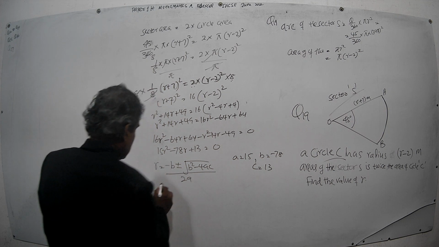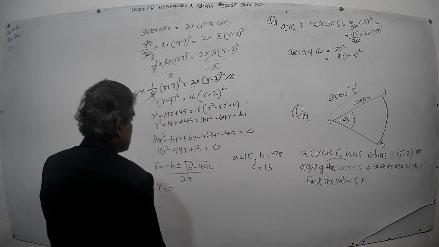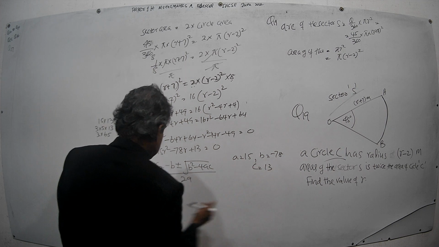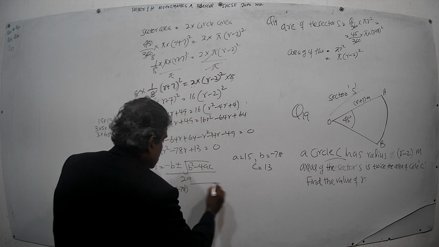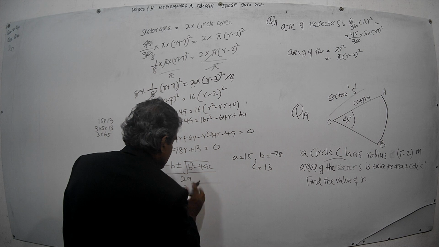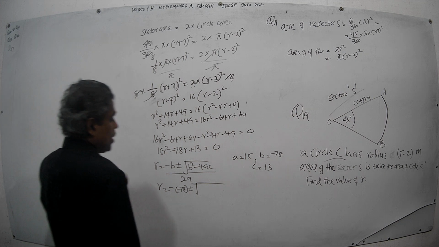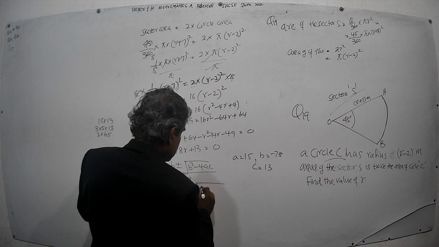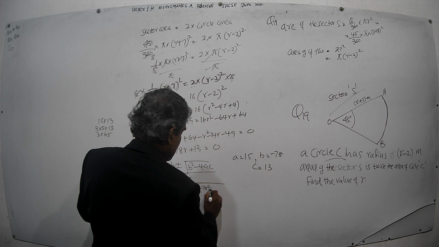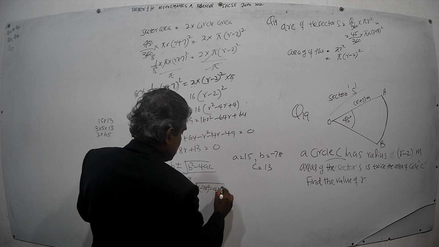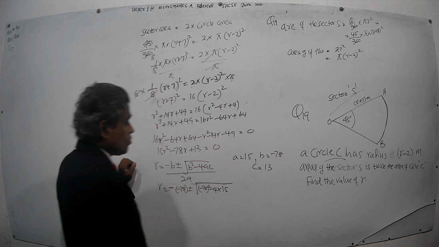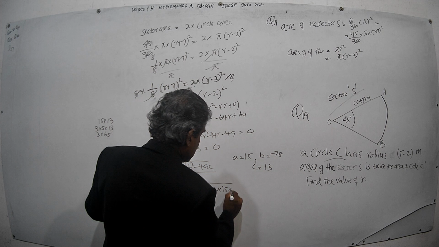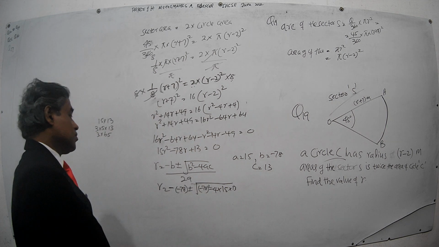Then we'll substitute r equals minus b. b means minus 78. Then plus or minus the square root. Then b squared is minus 78 squared, minus 4 into a, which is 15, into c equals 30.